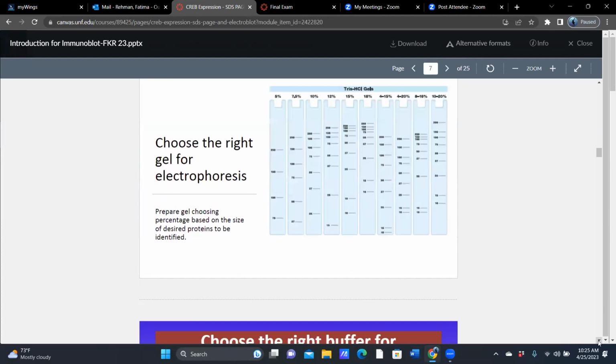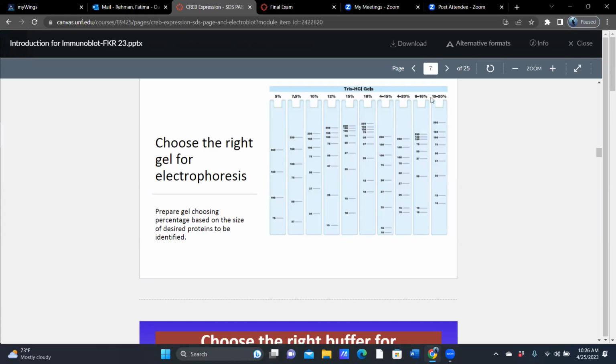When we are running the gel, again, it is important that we choose the right type of gel. They're all either Tris HCl or acrylamide gels, whatever they are. You can have different percentages depending on the range of molecular weights that you're interested in looking at. You want to choose the gel that is appropriate for that.